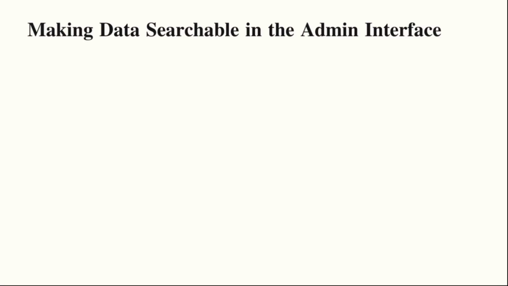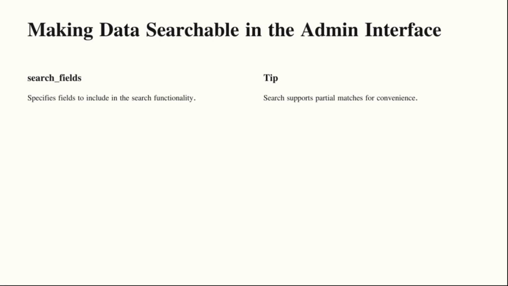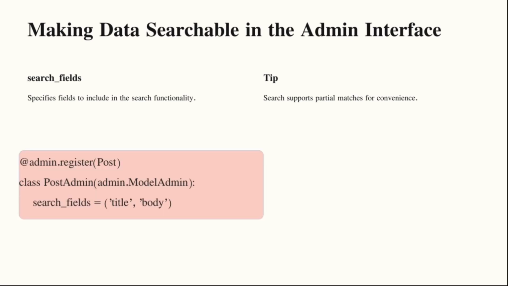To further enhance usability, we can add a search bar to the admin interface with the search_fields attribute. This feature allows you to quickly search through your posts based on key fields. For example, with this configuration, the admin interface includes a search bar that queries the title and the body fields, supporting partial matches for quick results.